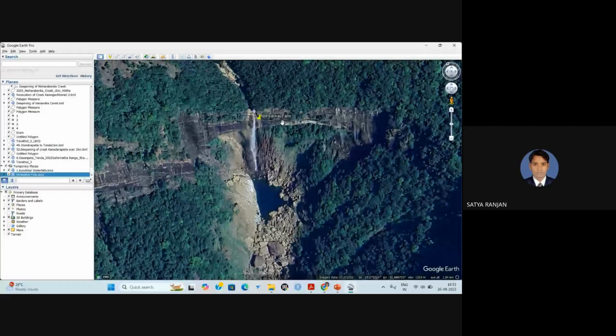Actually, in some of the areas it is not visible because the vegetation covers it, and the boundary is not visible. But if you are in a field study, you can see it at some of the sites.